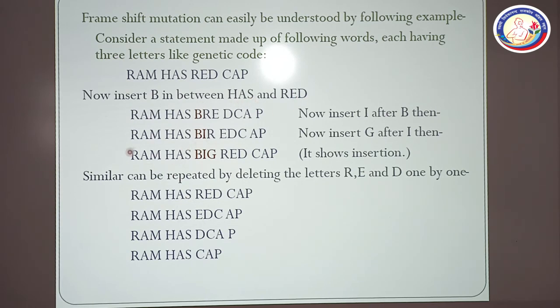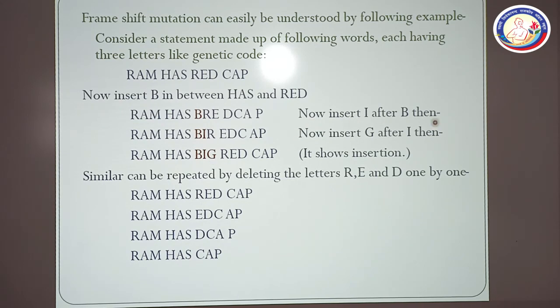So these alphabets are shifted after the insertion: Ram has BRE DCA P. Again you form combinations of three alphabets, but P is now separated. When you add I after B, then BIR, EDC and AP, and when you have added G, then what will you see?